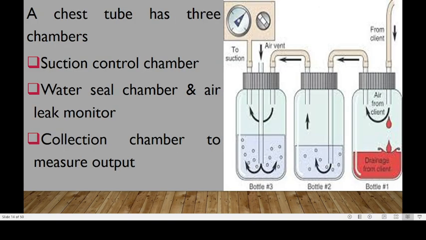So a chest tube normally has three chambers. We have the suction control chamber, then we have the water seal chamber, and then lastly we have the collection chamber to measure the output.